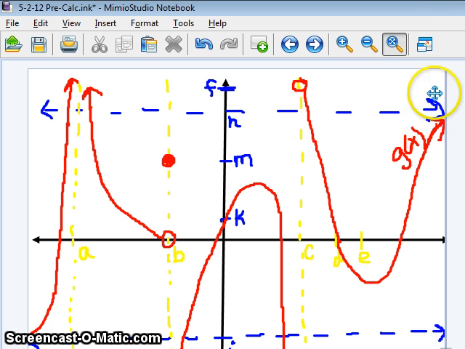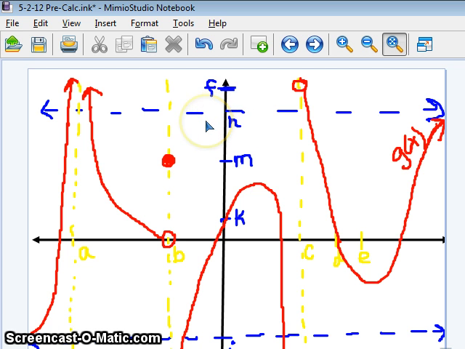Is it going up to positive infinity? Is it going down to negative infinity? Guys, what is it getting close to? That line. And what is this line called? An asymptote. And where is that asymptote at?